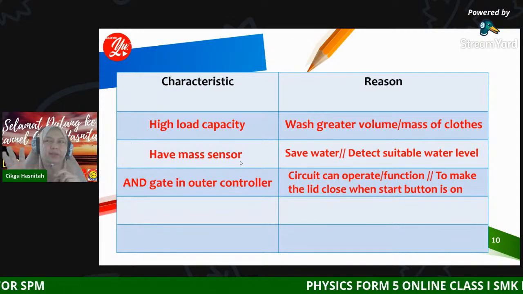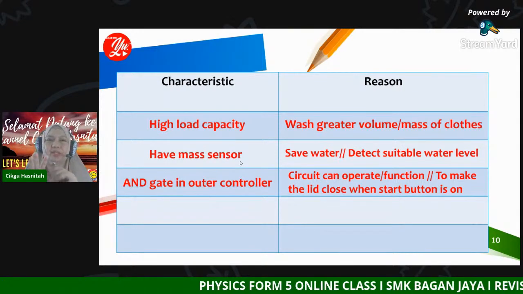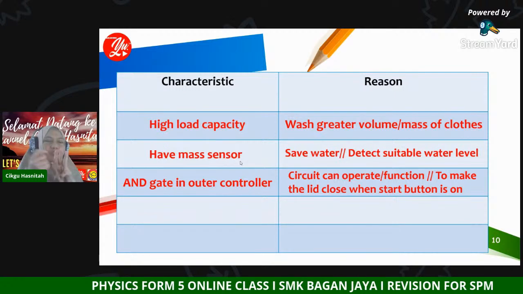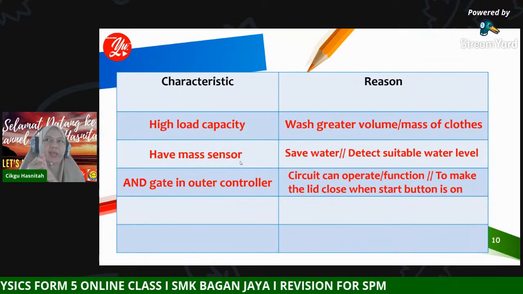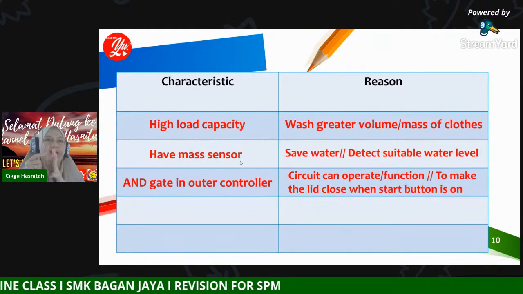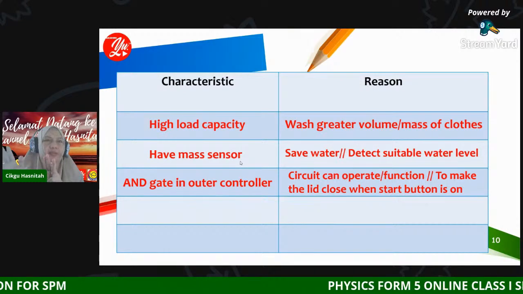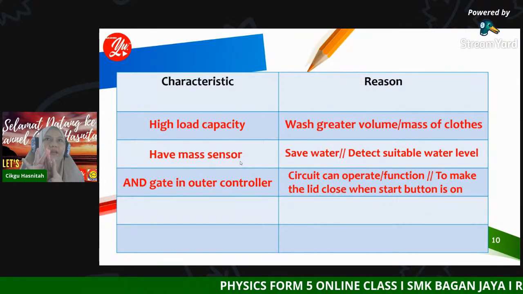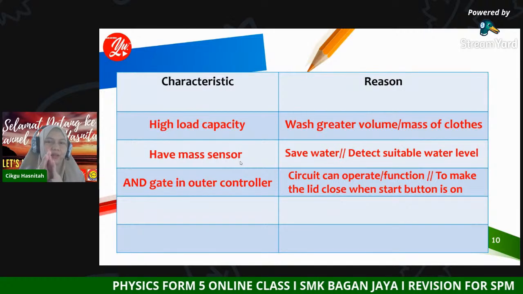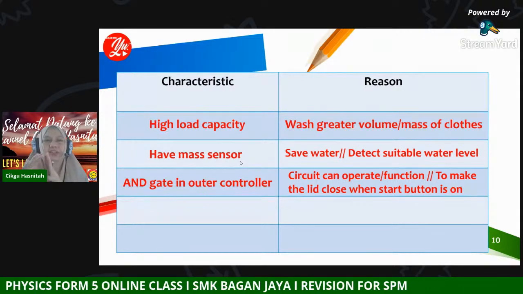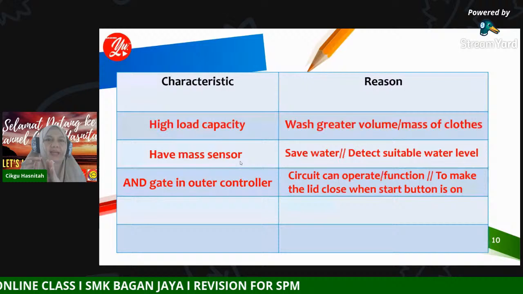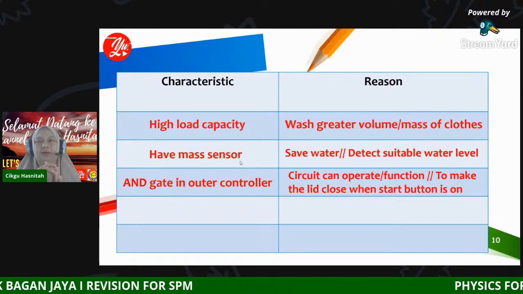Remember, at the front part of this question, they give you the 3 conditions this washing machine must obey to operate. Number 1, the switch button must be on, plus the lid must be closed, and the water level. It must obey the 3 conditions, meaning we have to apply AND gate in the auto controller.